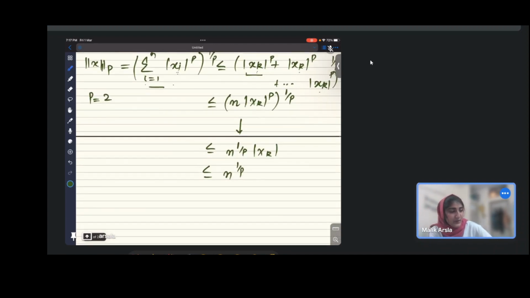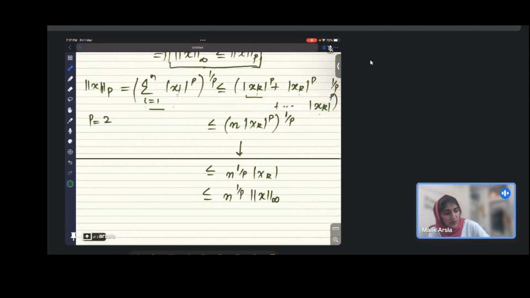So we can substitute it with the infinity norm of x. On the left hand side we had the p norm. So we arrive at this conclusion that the p norm of x is less than or equal to n to the power 1 over p into the infinity norm of x.